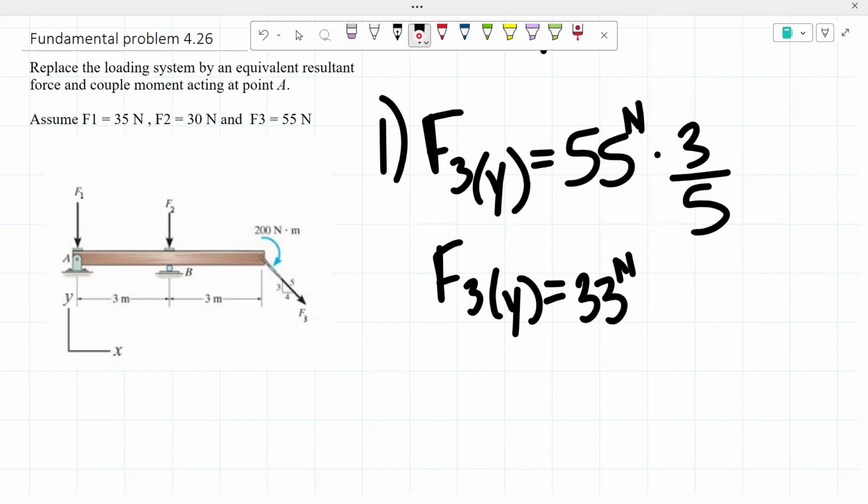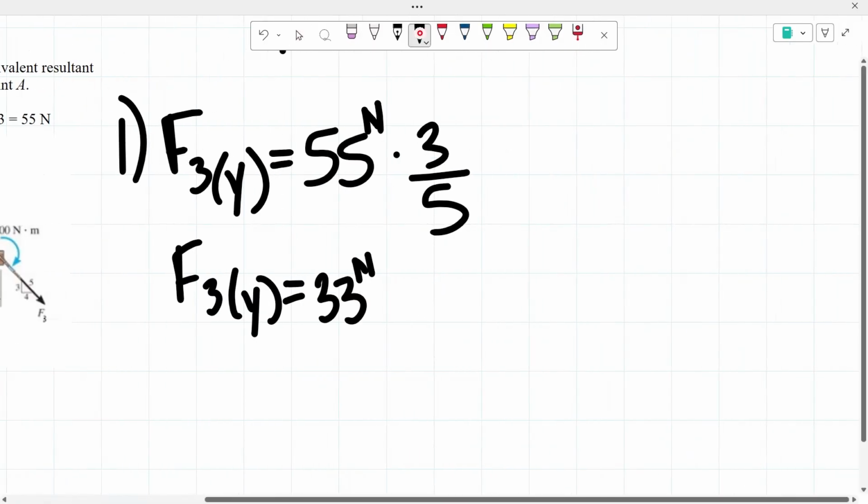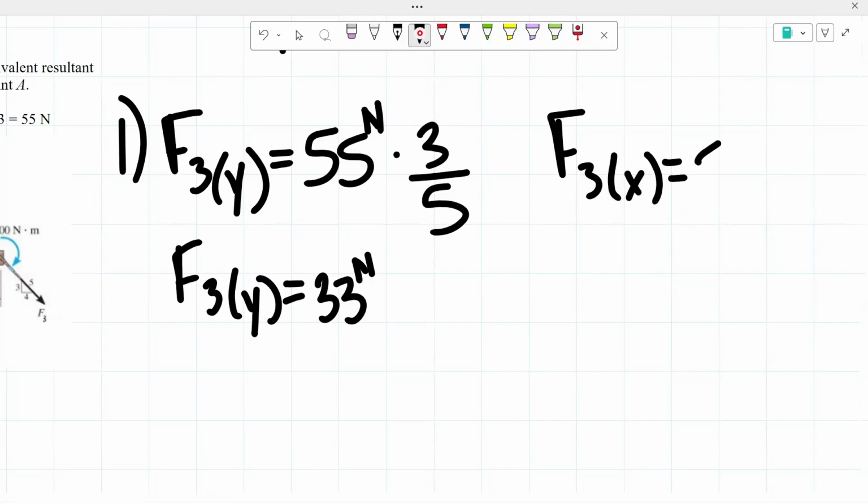newtons. Now we're going to do the same thing for our x component, but this time we're going to multiply it by 4 over 5 since now we're dealing with the horizontal side. So F3x is equal to 55 newtons times 4 over 5, giving us a value of 44 newtons.